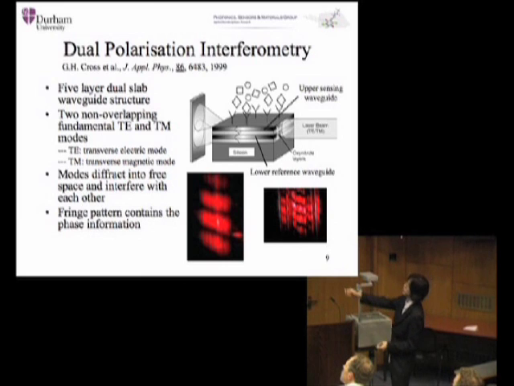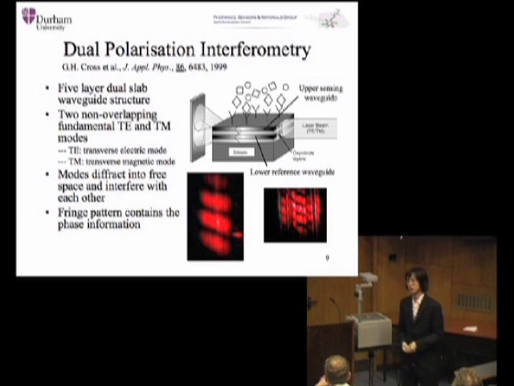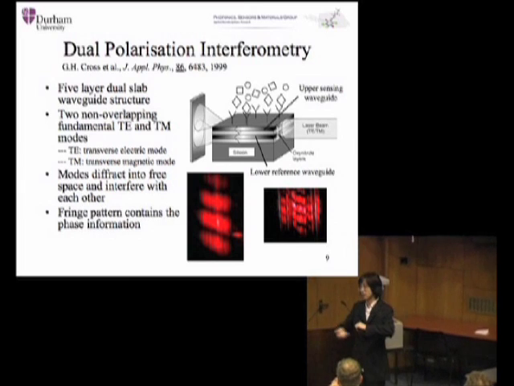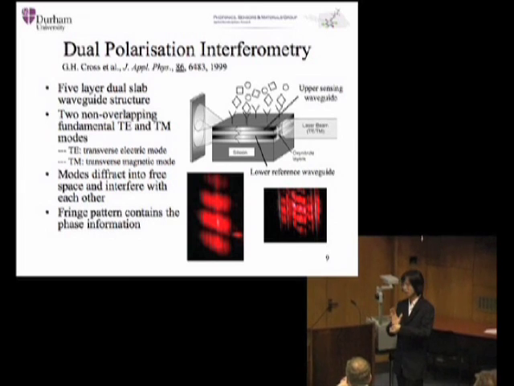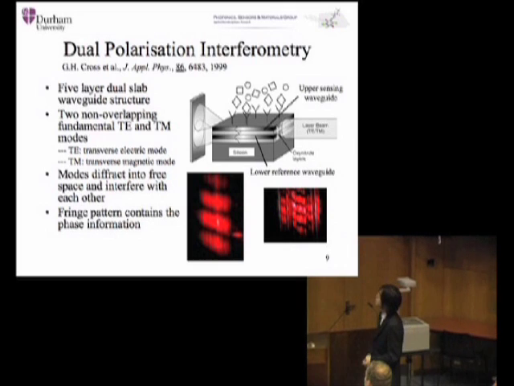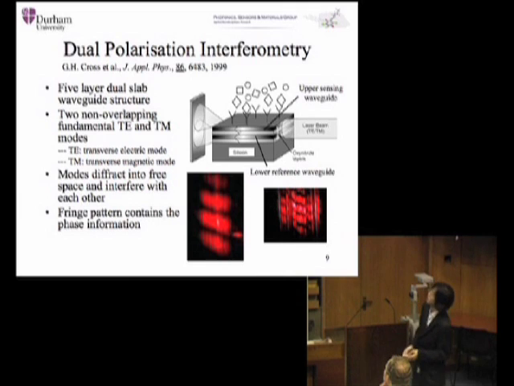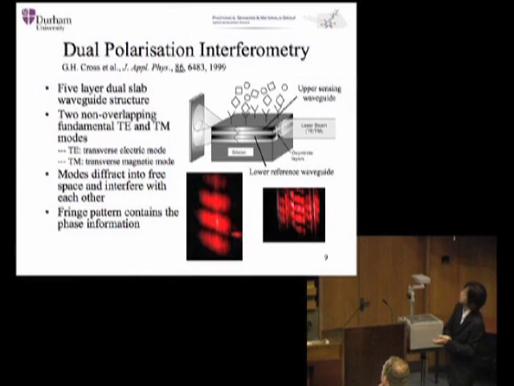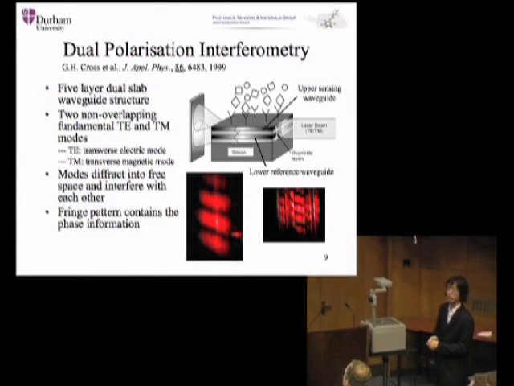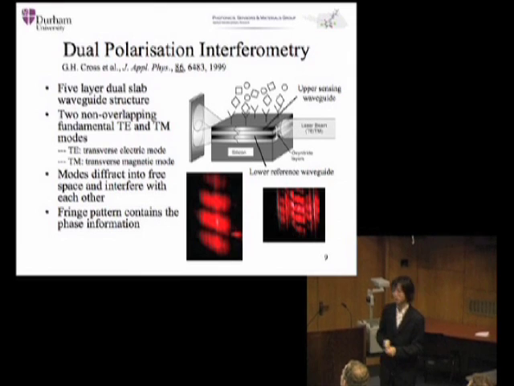And just remember, the TE is the transverse electric mode, with the electric field direction along the plane, and the TM mode is the transverse magnetic mode, with the magnetic field in the plane, so the electric field will be out of the plane. The two modes from the end face of this waveguide will diffract into free space and interfere with each other to construct a sort of Young's fringe.